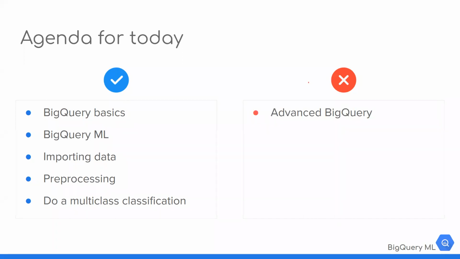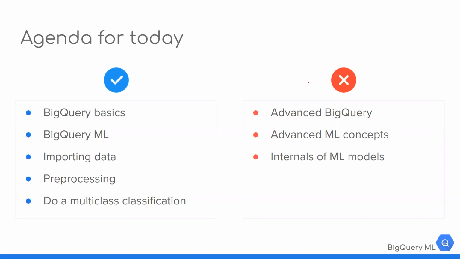And we won't be covering advanced BigQuery stuff, because BigQuery is so vast that it would take more than one hour. We won't be going into advanced machine learning concepts, and we won't be covering any internals of machine learning models as well.